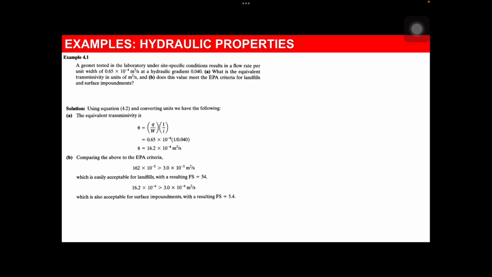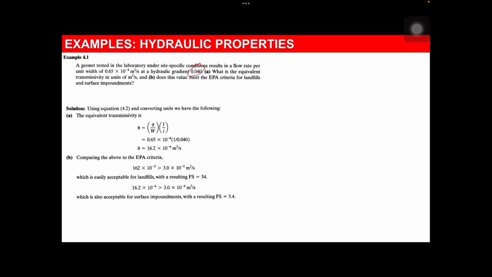So, example. A geonet tested in the laboratory under site-specific conditions results in a flow rate per unit width of 0.65, and at hydraulic gradient na 0.04. So, mababa ang hydraulic gradient.